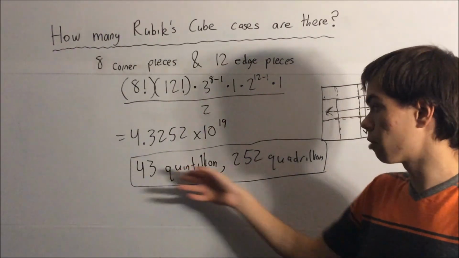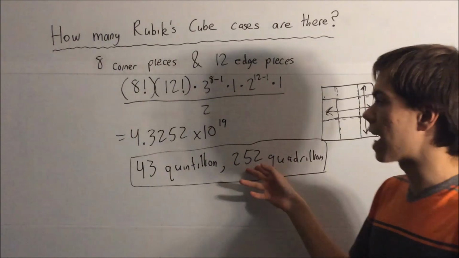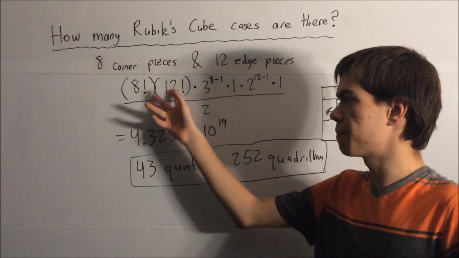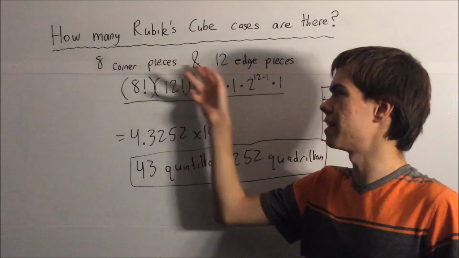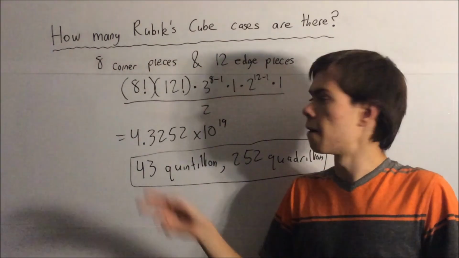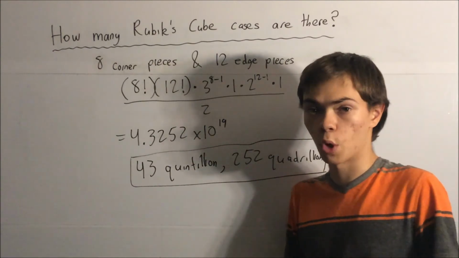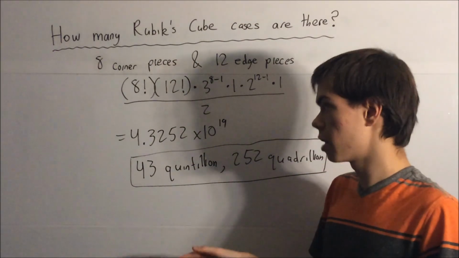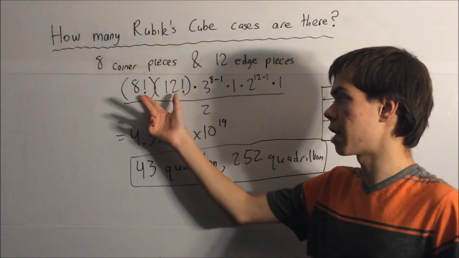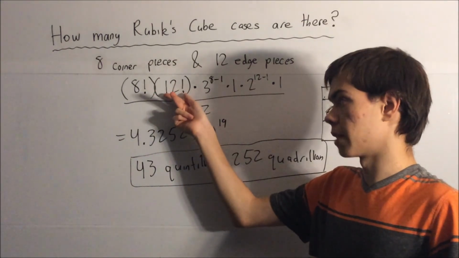The reason why this number is so big has to do with the types of values that we're using with these numbers. In fact, these are factorials, and they are some of the fastest growing functions. Factorial functions are some of the fastest growing functions out there. So 12 factorial is really large.